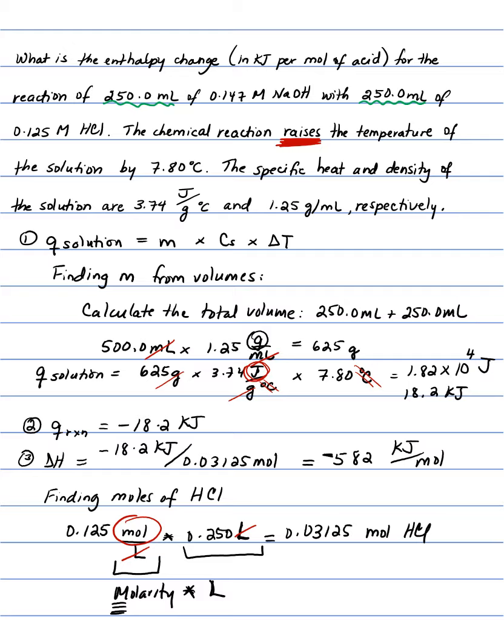So this reaction, this neutralization reaction between sodium hydroxide and hydrochloric acid, is an exothermic reaction. It's releasing heat, that's why you have a delta H that is a negative number, releasing heat that goes into the solution, and that's why the temperature of the solution increases.